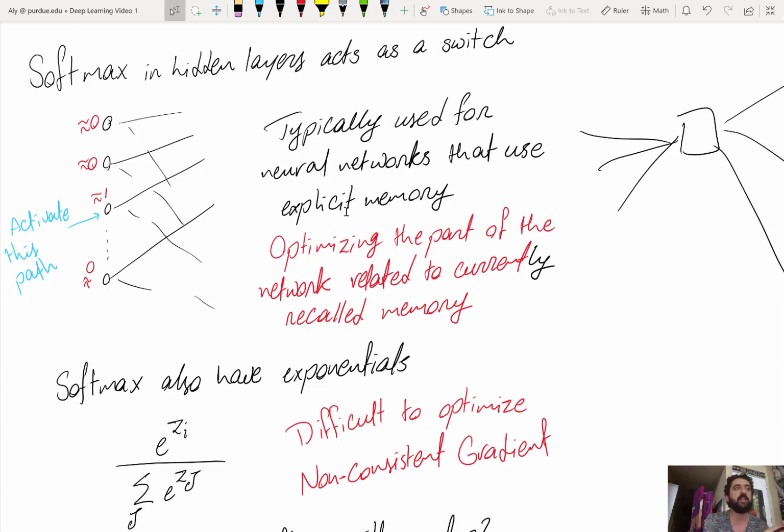For example, if I see a movie that reminds me of some memory I had 10 years ago, and I'm reflecting on that memory, maybe changing my belief system, that is not related at all to, for example, the way I drive. That is another part of my brain, and that part is not activated right now. It's not learning right now. That's what softmax is doing, and this is why it's used in networks with explicit memory.